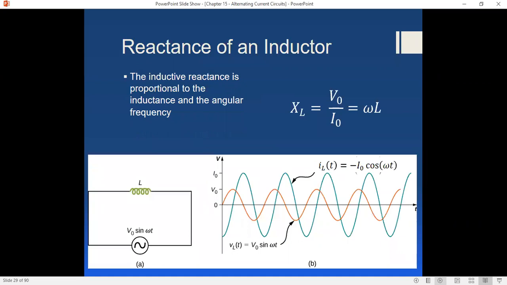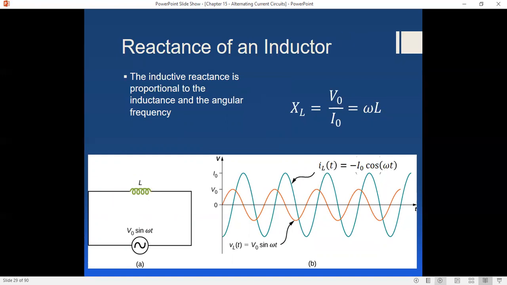The reactance of an inductor is similar to the reactance of a capacitor in that it's also measured in ohms. It also tells you how much current you get for a certain voltage. But instead of being 1 over omega times C, it is omega times L. What does this mean? As the frequency gets higher, the inductor with its back EMF is going to resist the change in the magnetic field, and the larger the inductance, the greater that resistance.